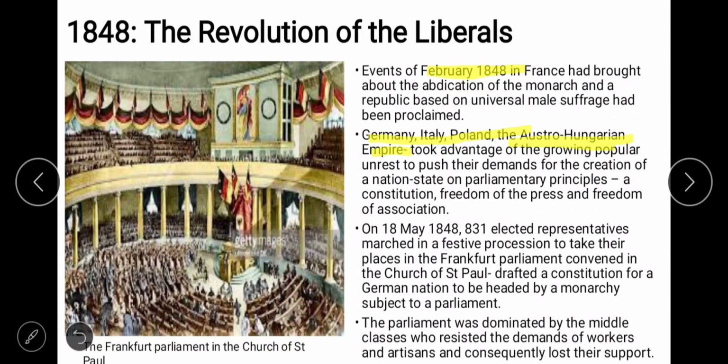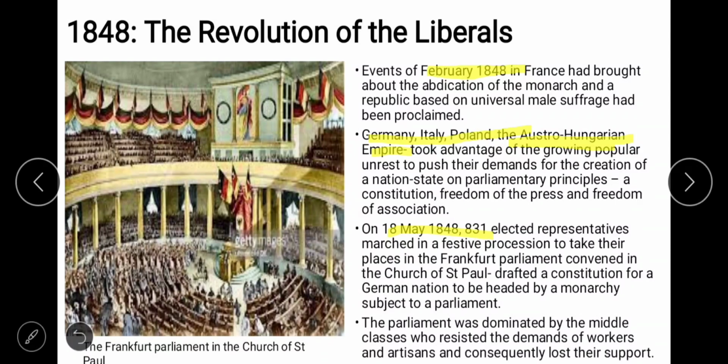Here is the picture I have added in the slide. It shows the Church of St. Paul, where the Frankfurt Parliament was convened on 18th May 1848. 831 elected representatives marched in a festive procession to take their places in the Frankfurt Parliament.